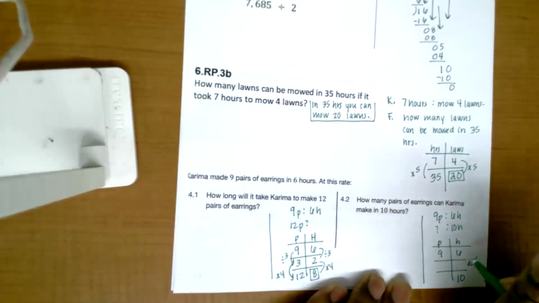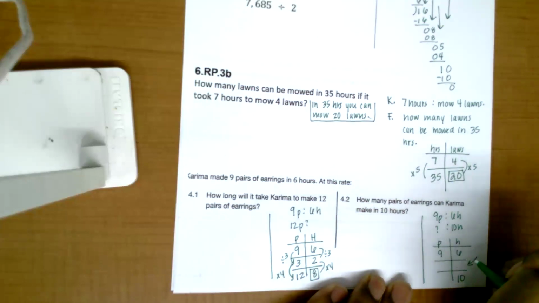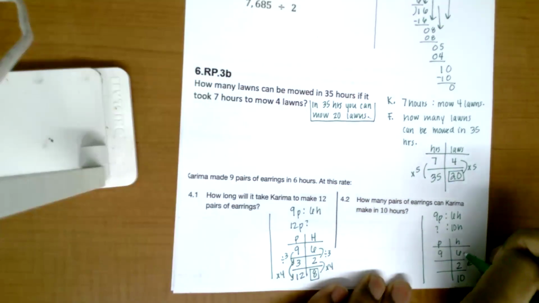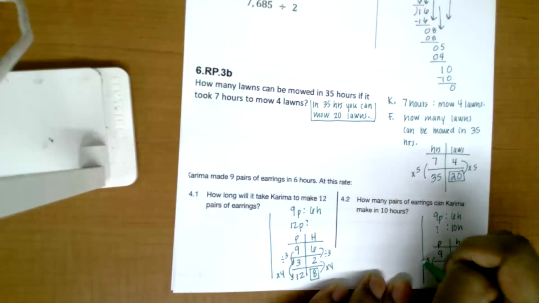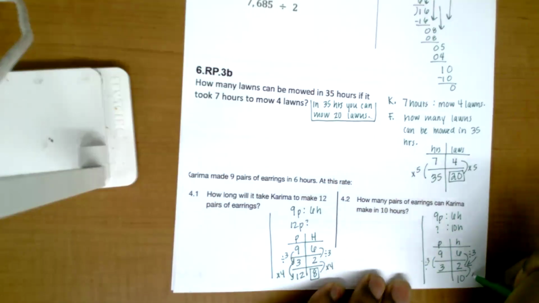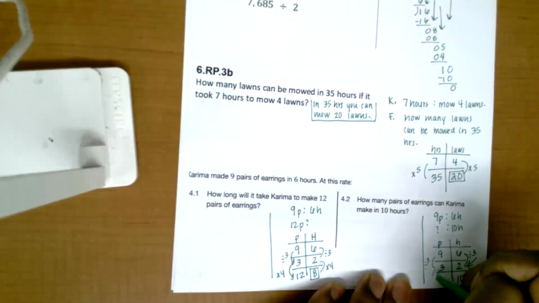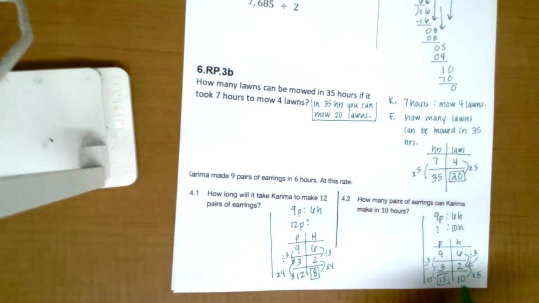There's no multiplicative relationship between 6 and 10. However, there is a friendly factor 2 that can go into both. You could divide that by 3. 9 divided by 3 is 3, which means for every 3 pairs is in 2 hours. And to get from 2 to 10 is times 5. And 3 times 5 is 15, which means that in 10 hours you can make 15 pairs of earrings.